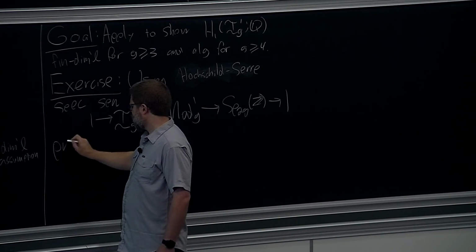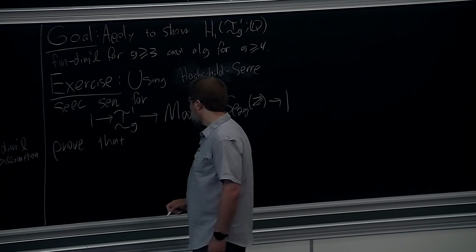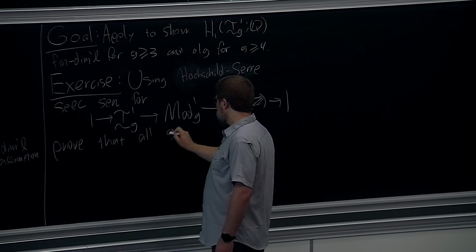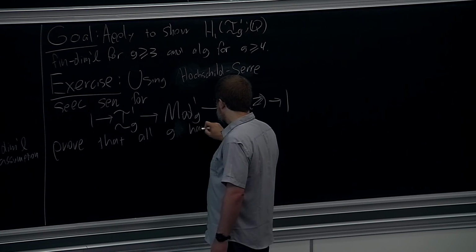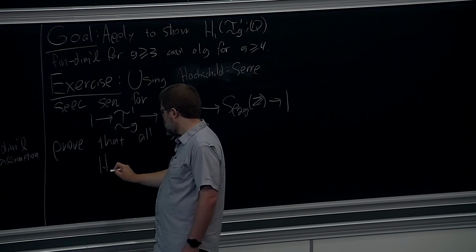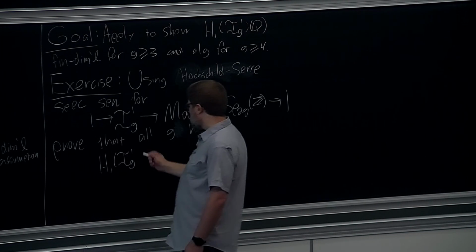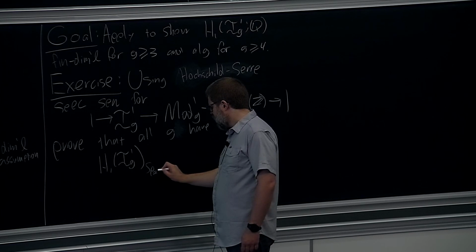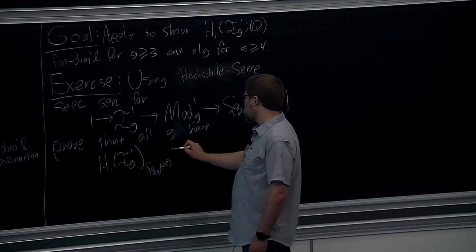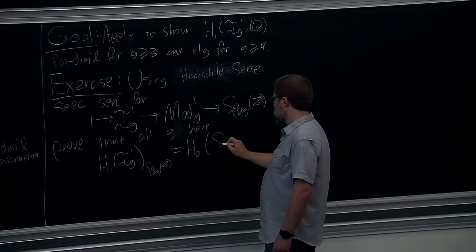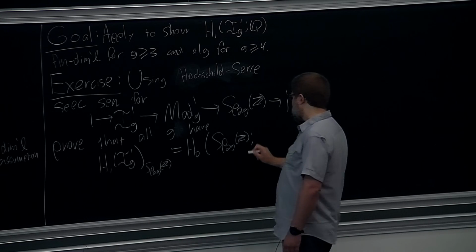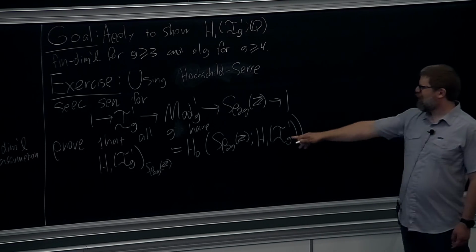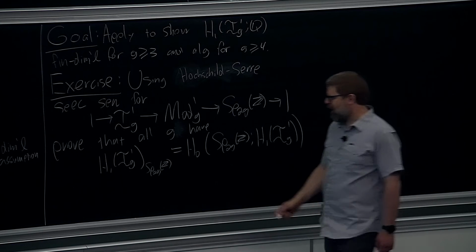Prove that for all g, if we take H1 of Torelli g,1, it works over Z, and take the Sp_2g(Z) co-invariants, which, remember, is H0 of Sp_2g(Z) with coefficients in H1 of Torelli g,1, which is a term in that spectral sequence in the E2 page, it is finitely generated.